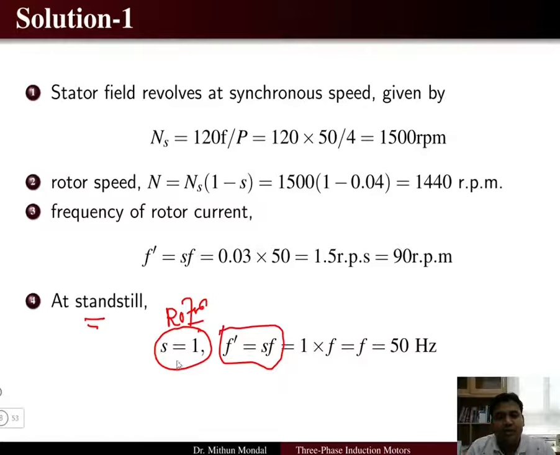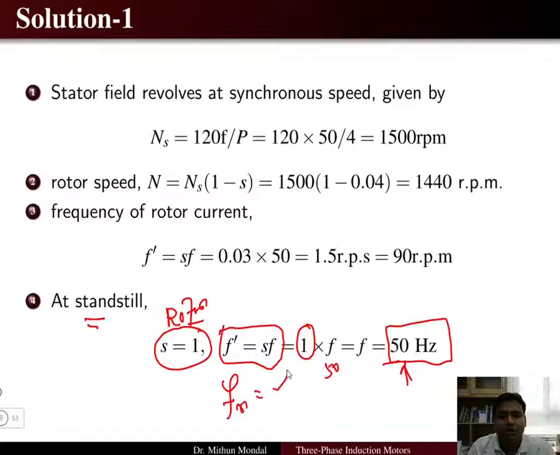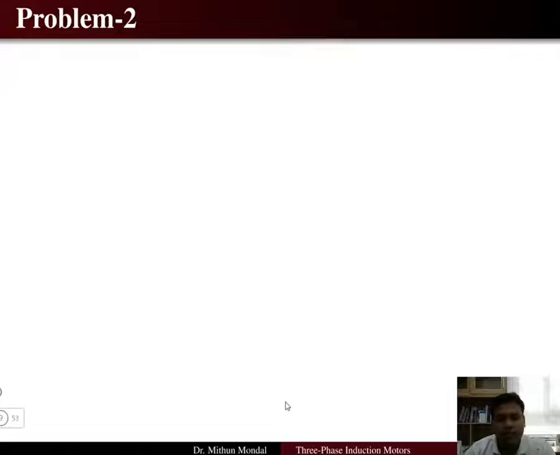Since the rotor is standstill, the slip is 1, multiplied with the supply frequency, which is 50 Hz. So at standstill condition, the frequency of the rotor current is 50 Hz. We find that the rotor current frequency is equal to the supply frequency when the slip is 1, that is, the standstill condition. So this is the first problem.